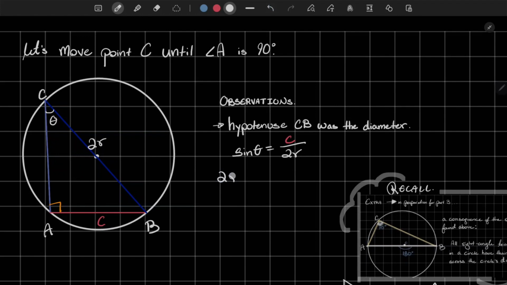So we got 2r is equal to C over sine theta. Cool. So this is our diameter.